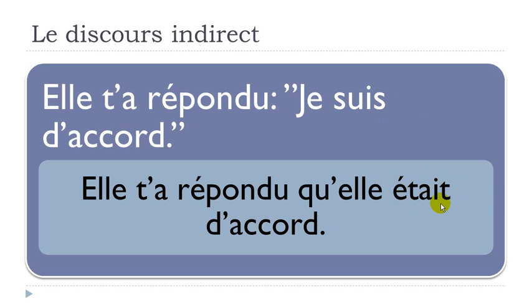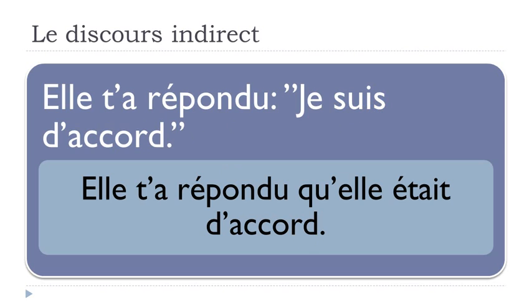That's the rule, okay? No need to think why or how, just put it at the imparfait. And you get the sentence, elle t'a répondu qu'elle était d'accord. All right? So this is the way that you should follow if you want to make this discours indirect, when in the first part you've got the past, and in the second part you've got the present form.